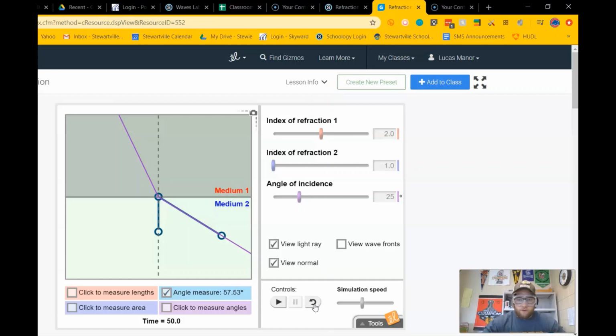And for our final one, we change our index of refraction 1 to 3. We're going to hit play. Ooh. Something very interesting happened there. So we need to adjust our protractor.